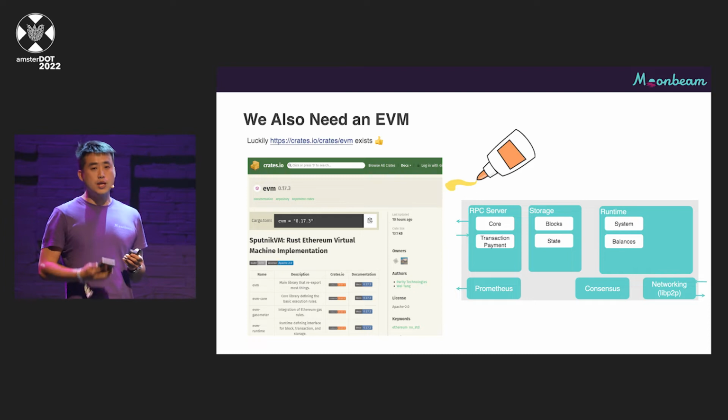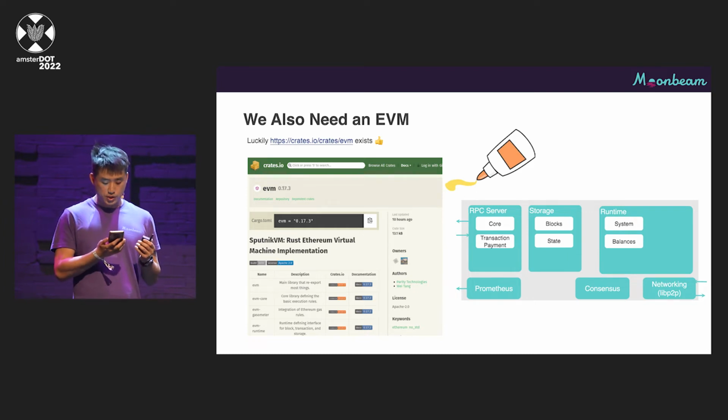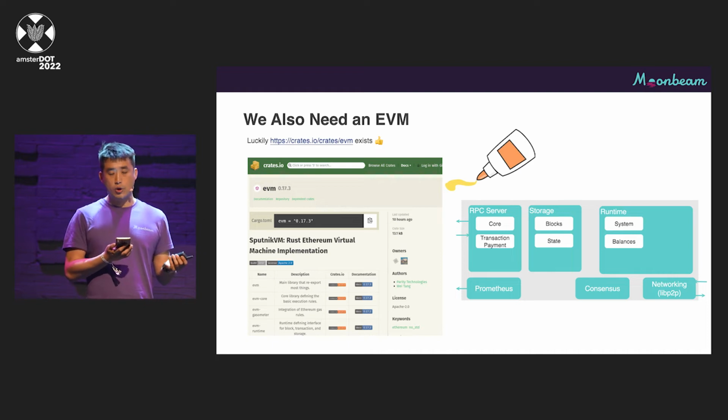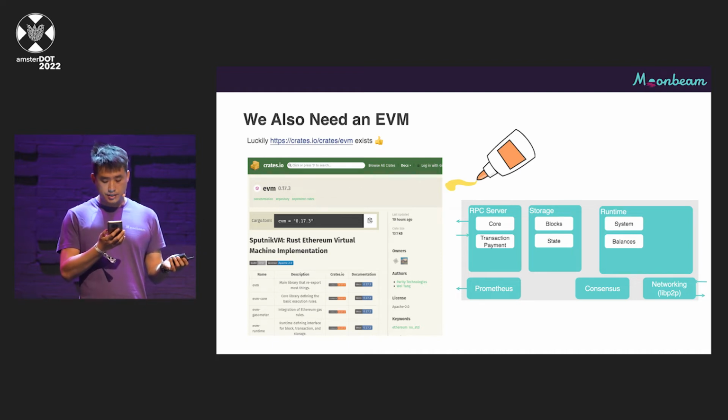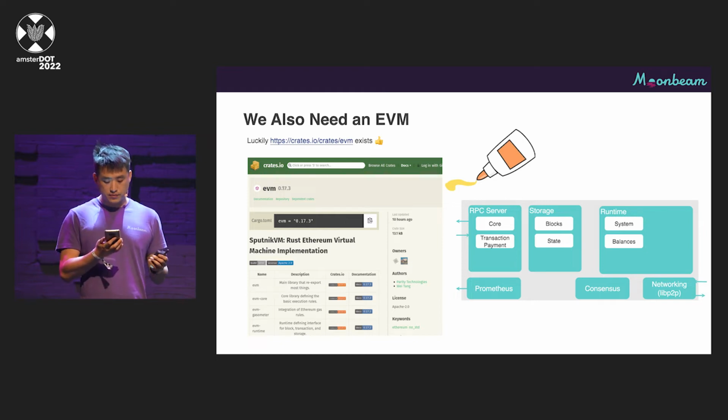So the first thing that we are going to need is an Ethereum virtual machine. And luckily, one already exists, and that was written by Parity's Wei Tang.